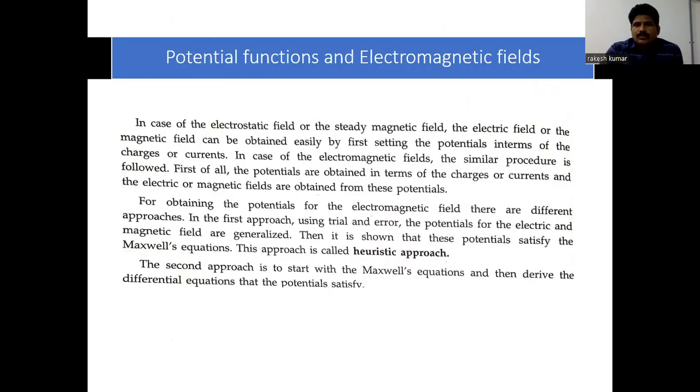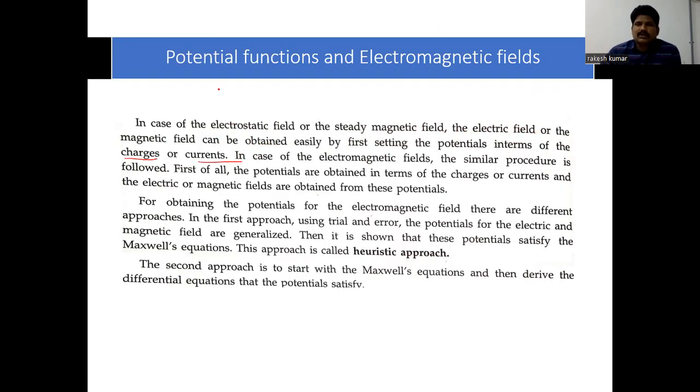So see here, potential functions and electromagnetic fields. In the case of electrostatic fields or steady magnetic fields, the electric fields or magnetic fields can be easily obtained by first setting the potentials in terms of charges or currents.